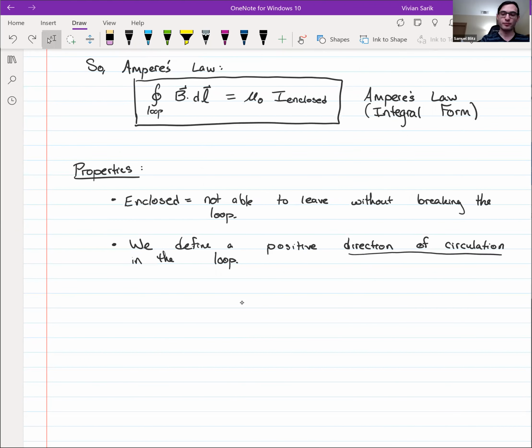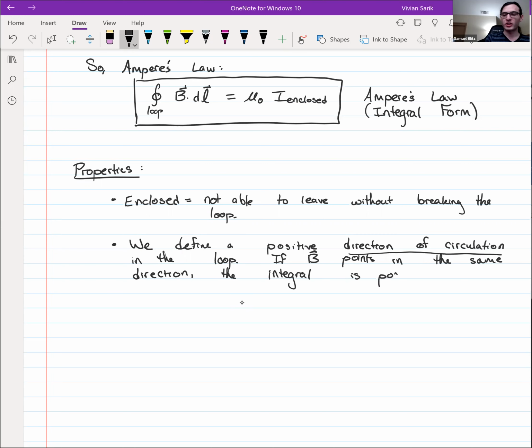In particular, if the magnetic field has the same orientation, points in the same direction as the positive direction of circulation, then the integral is positive.